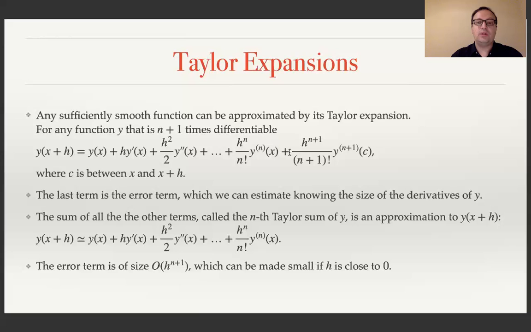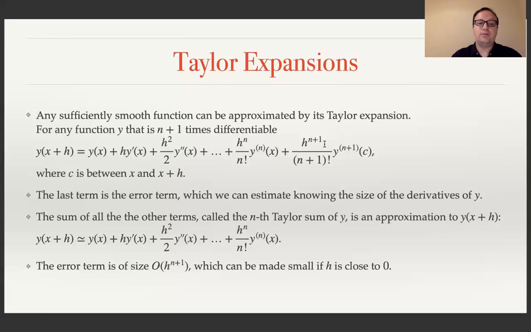One of the ways to express the error is called Taylor's formula with Lagrange error term. Lagrange's formula for the error term is h to the n plus 1 over n plus 1 factorial times the n plus 1th derivative of y at some point c between x and x plus h. So I guess the important thing is that when we use the nth order Taylor expansion, then the error is of size h to the power n plus 1.